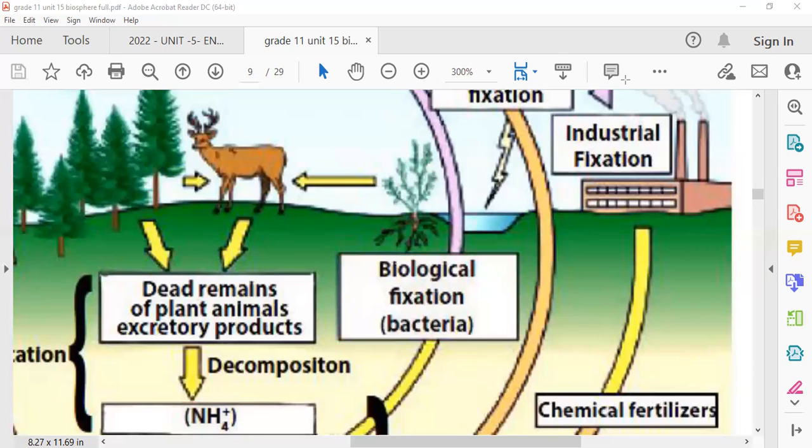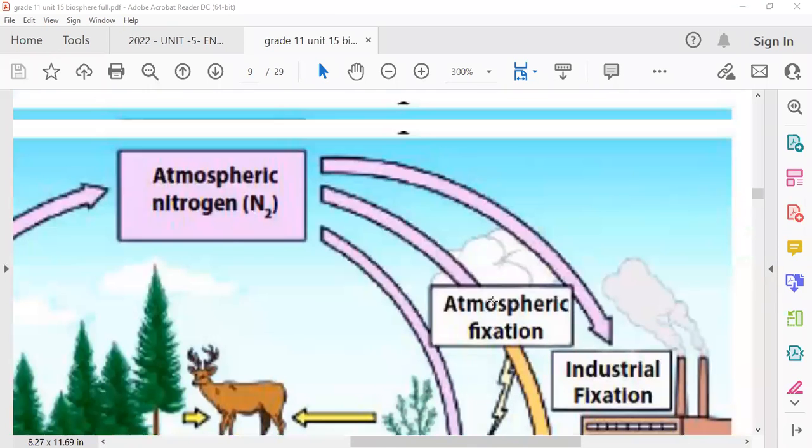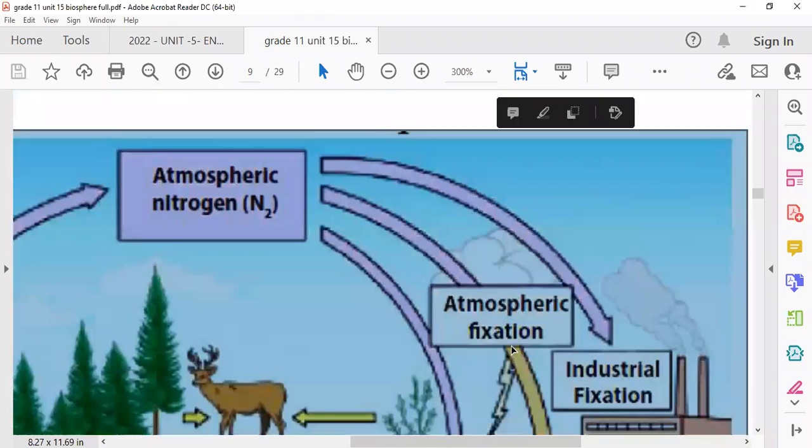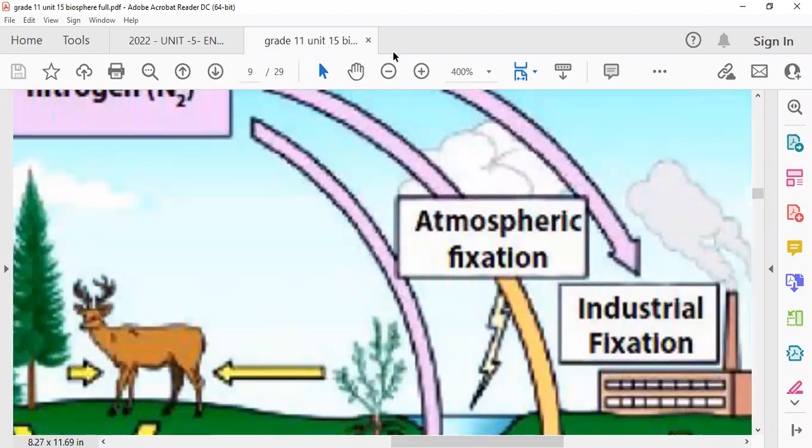Another fixation you can see here is atmospheric fixation. In the case of atmospheric fixation, it is not a biological process. It is conducted by lightning sparks.